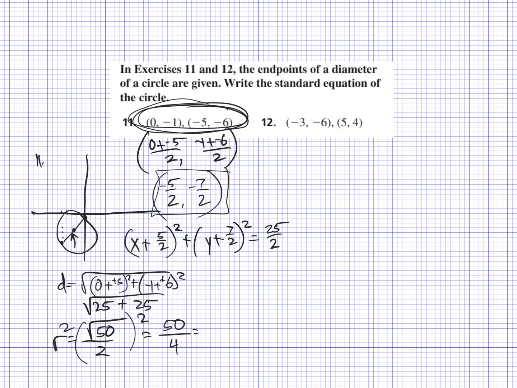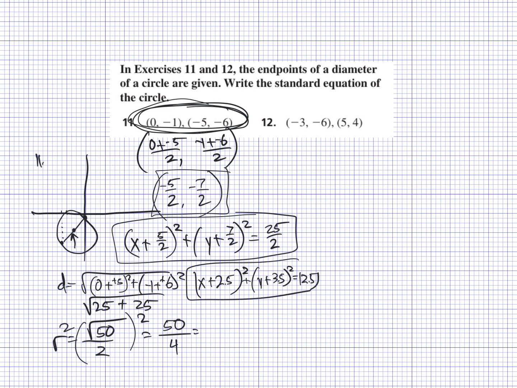That's the radius squared, so that should be the answer. As I check, the answer is correct, but they have it written in decimal form: (x + 2.5)² + (y + 3.5)² = 25/2, which is 12.5. So that's how they actually have it in the back of the book.